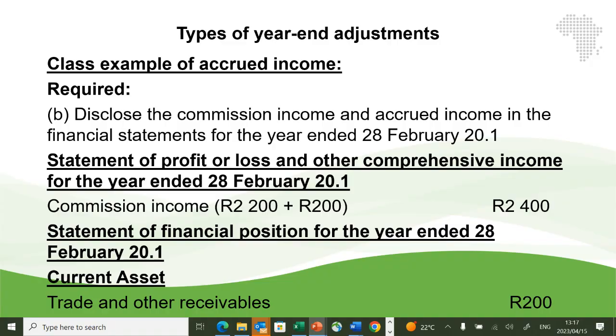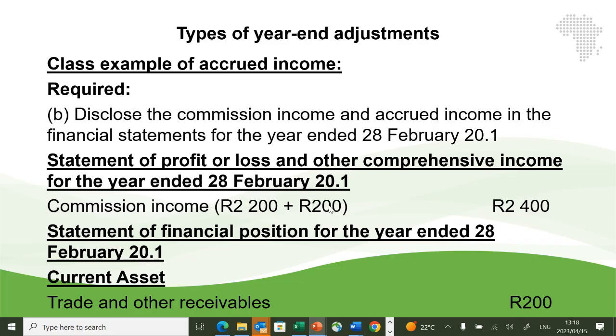Let's move to B. We were required to disclose the commission income and accrued income in the financial statements for the year ended 28 February 20.1. Statement of profit and loss. We said income and expenses are recorded here. So we have what here? Commission income. The commission income that we have received was how much? 2,200.